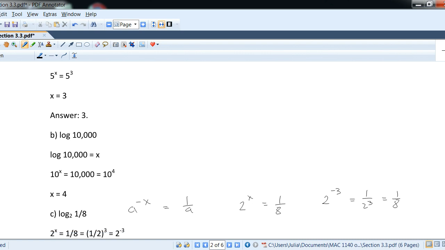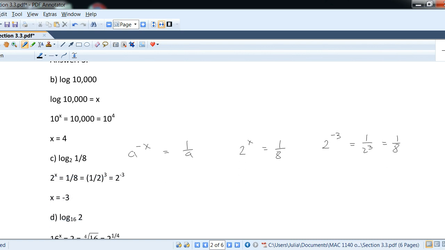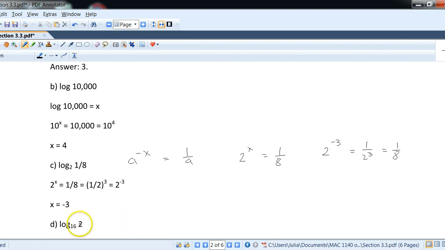Let's take a look at one more example. What about log base 16 of 2? Let me not let you see the answer yet. Same idea: 16 to which power is equal to 2? Well, how can we get a smaller number here? If we have radicals, we will be able to do that. Or we can simply translate it to the same base, how we do it usually.